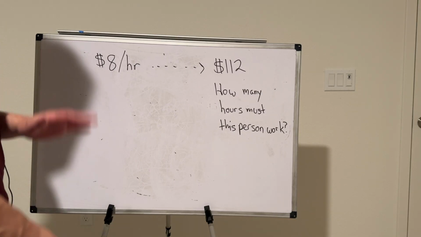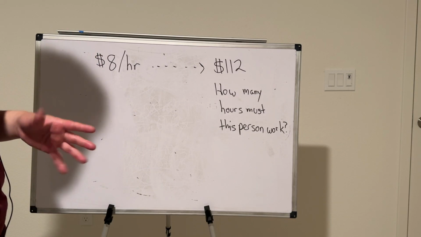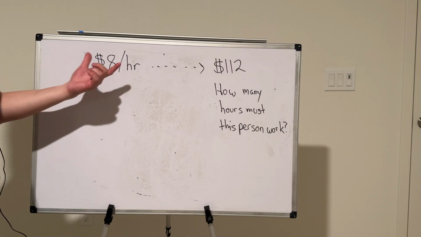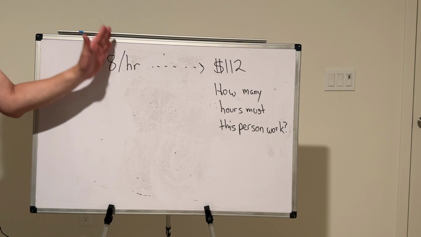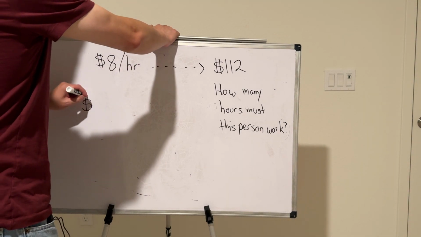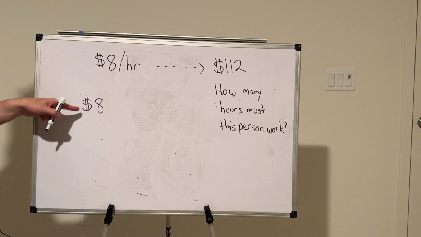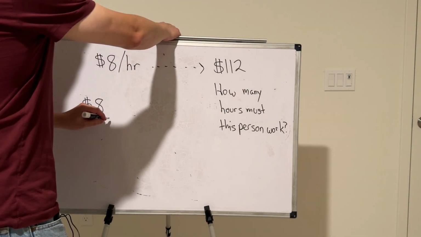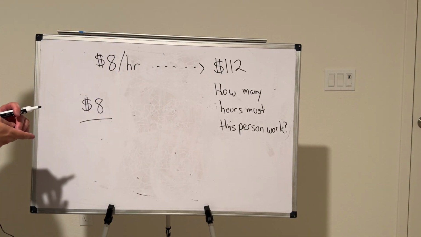So this is a proportion, a proportion problem, because this has a top number and a bottom number. When it says per hour, you can think of it as per 1 hour. $8, dollars is the unit. We happen to write it on the left of the number instead of after the number.